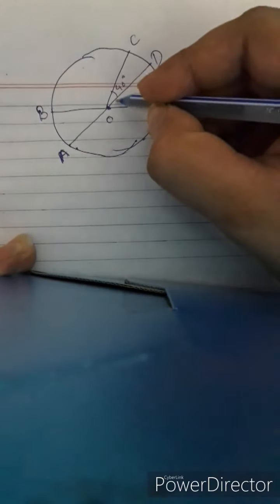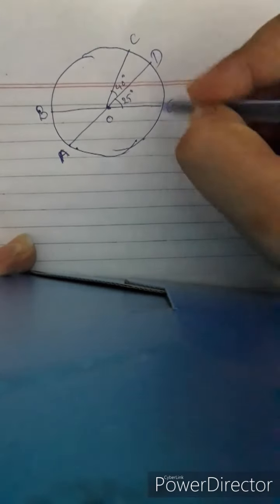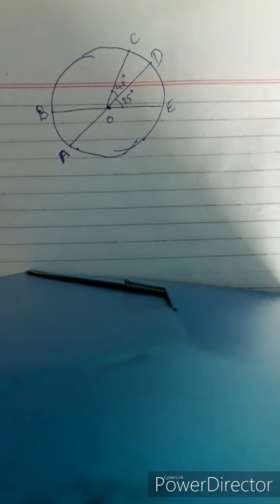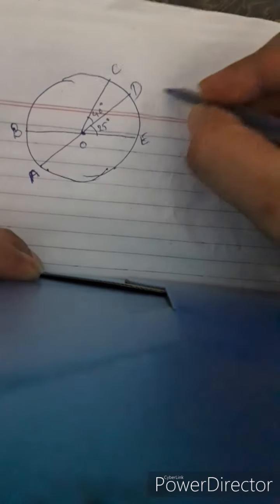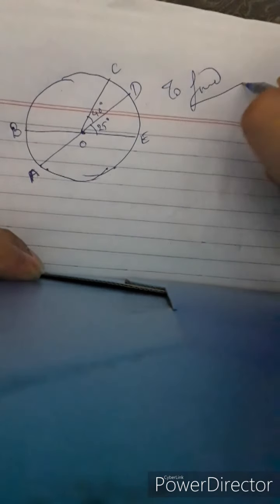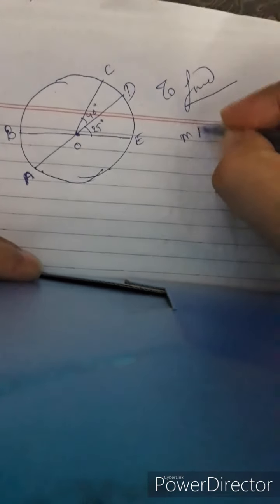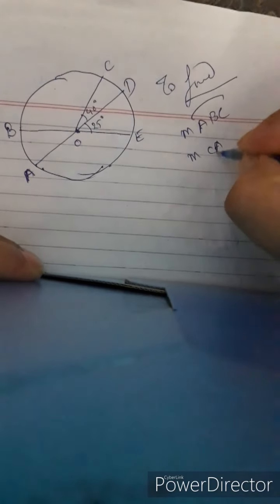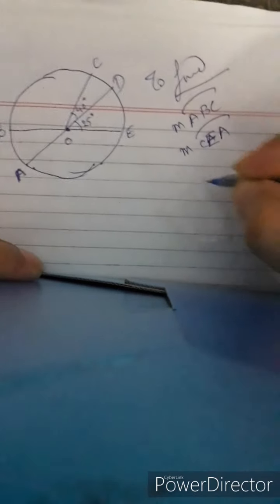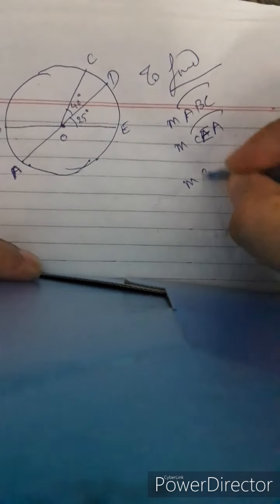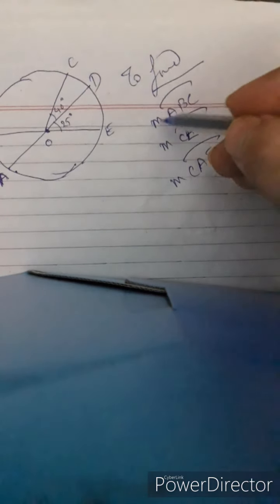Angle COD is 40 degrees, angle DOE is 25 degrees. We have to find the measure of major arc ABC, major arc CEA, and major arc CAE. M means major arc.